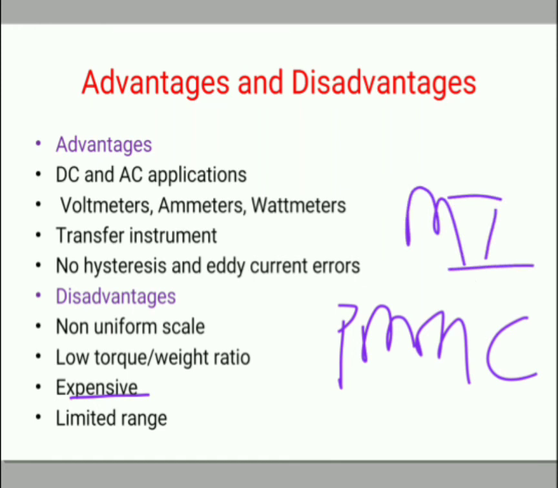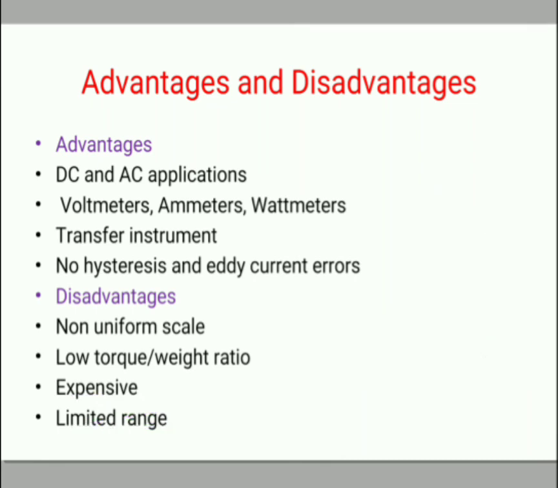The dynamometer instruments have a limited range of AC frequencies. These instruments need to be handled with great care as they are sensitive to mechanical impacts and overloads. So these are some advantages and disadvantages of dynamometer instruments.